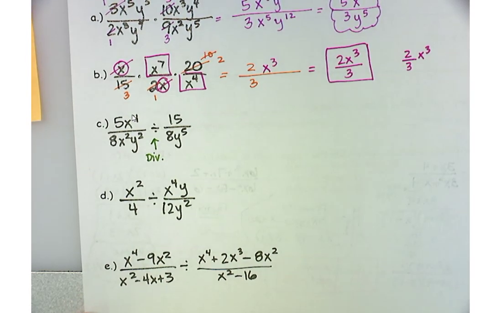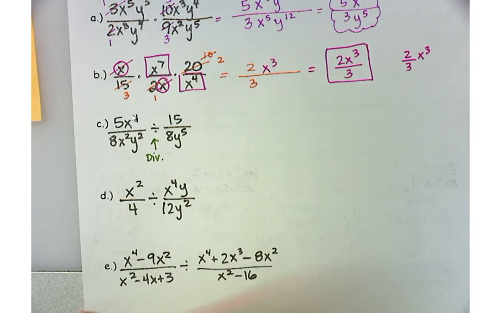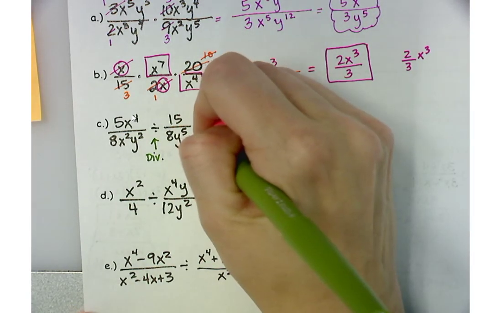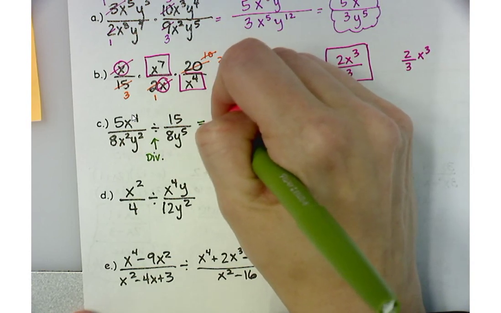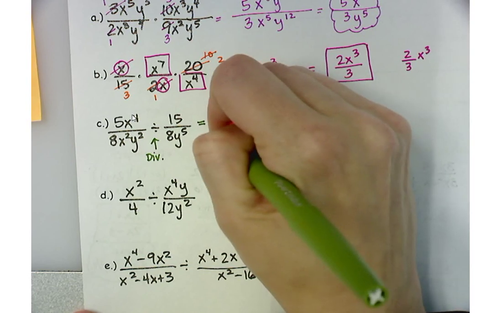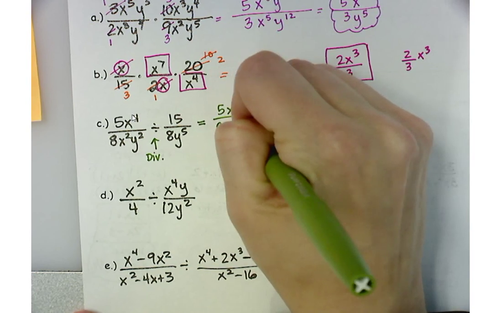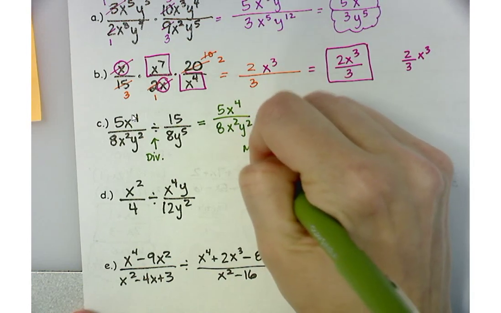So if it's division, that means I'm going to multiply the first term by the reciprocal. So then this is going to flip. So I have 8y to the 5th on top now over 15.